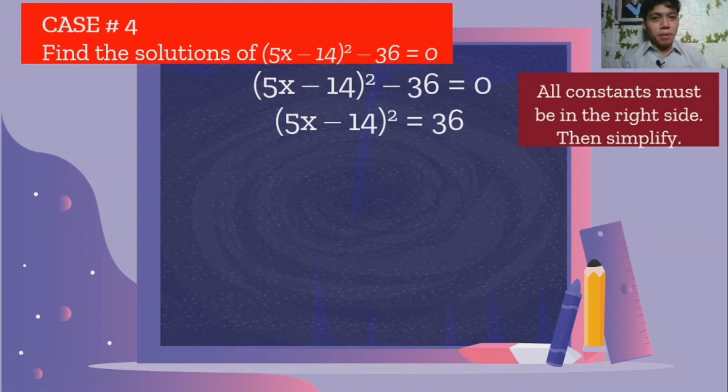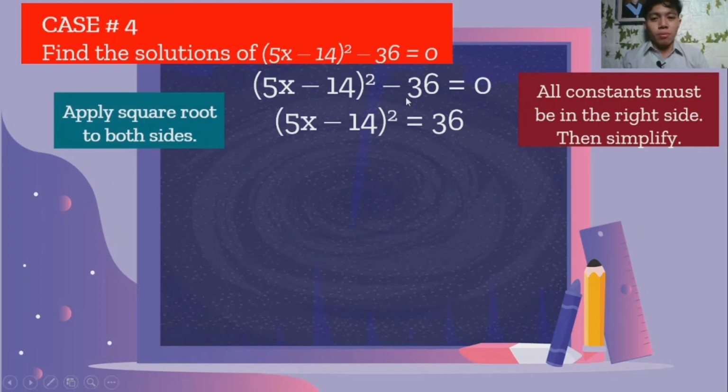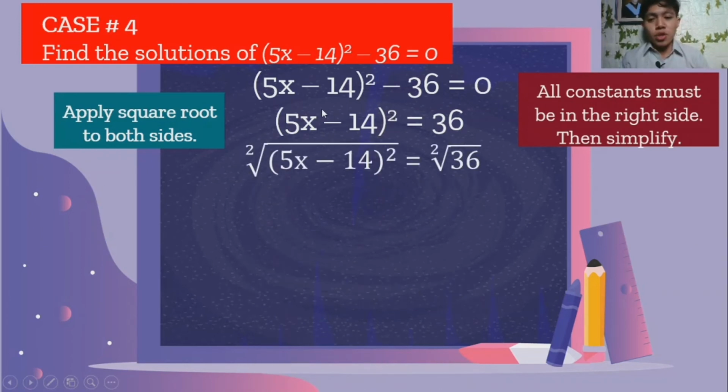Okay. So, anong sabi ko kanina nung nagre-recall tayo ng square root kapag kaganto yung given? Apply ka na kagad ng square root. Bakit? Kasi may pwede ka nang i-cancel. Ito, yung squared na yan. Pwede mo na kagad siya i-cancel. So, square root of 5x minus 14 squared is equal to the square root of 36. Now, ito yung sinasabi ko. Pwede mo na kagad ito i-cancel.